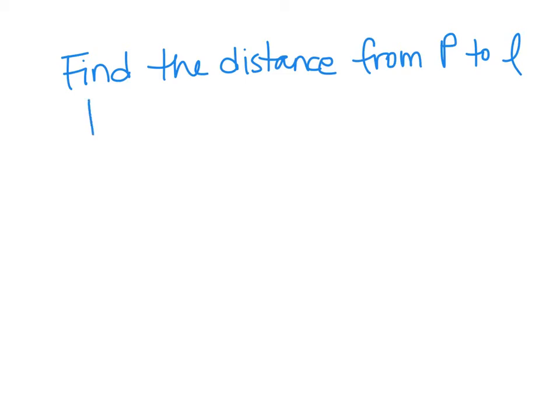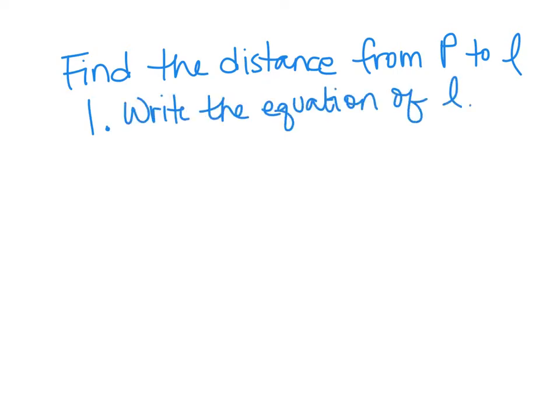So the first thing we want to do is write the equation of line L. So I might give you 2 points that are on that line, and then you have to find the slope and then put it in, or I might give you the y-intercept, but whatever, you have to write the equation of line L using your knowledge.